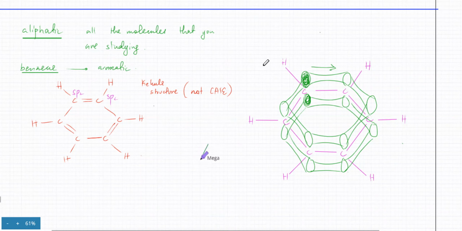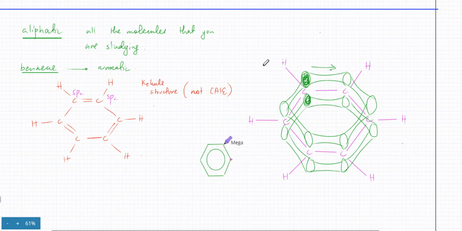So the structure of benzene is going to be like this. You must have seen this in a lot of places. This is the skeletal formula.